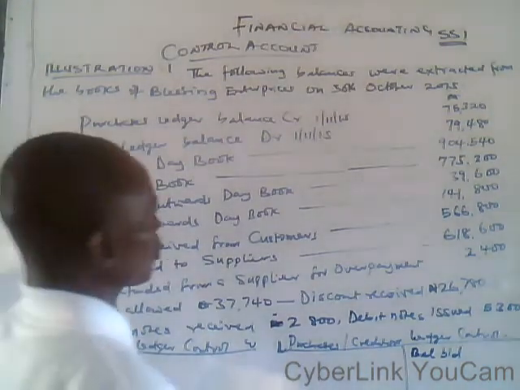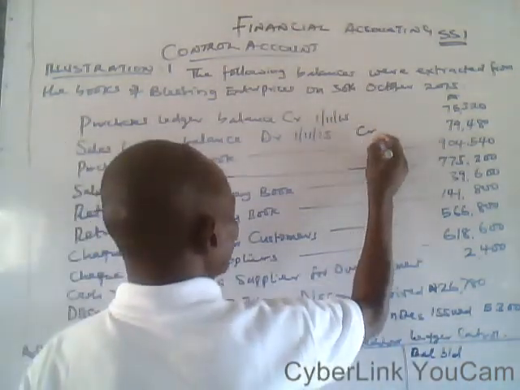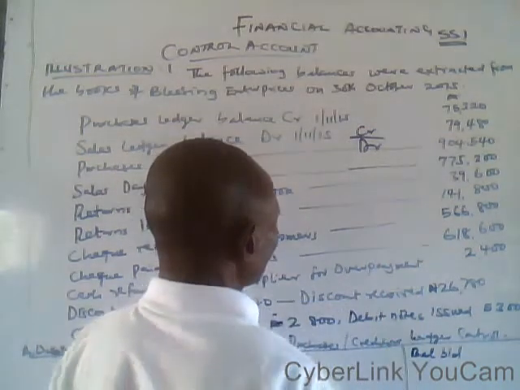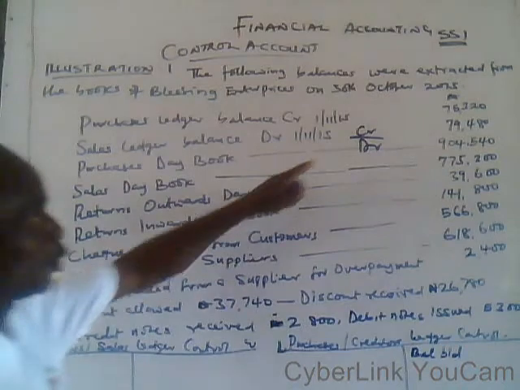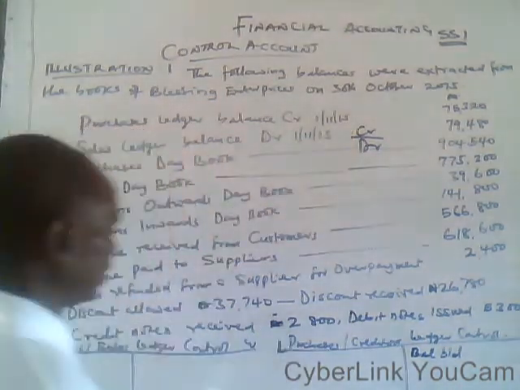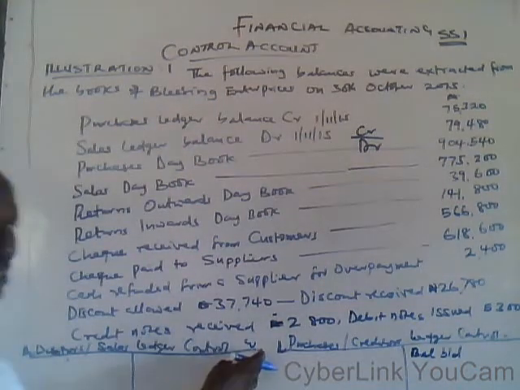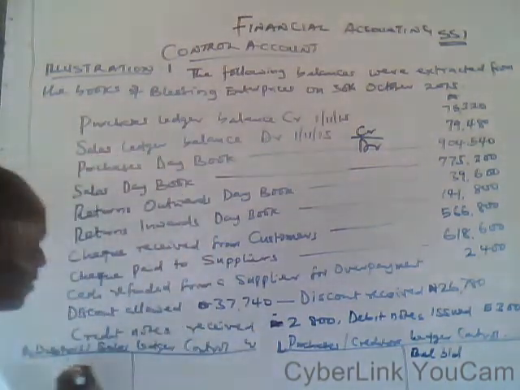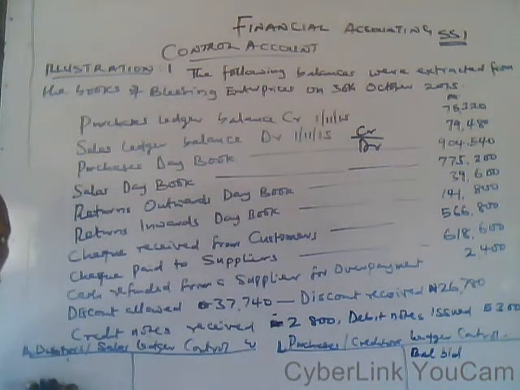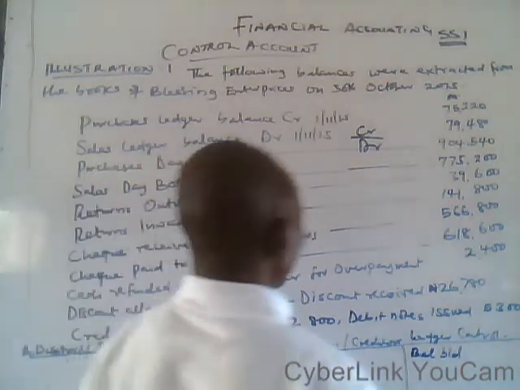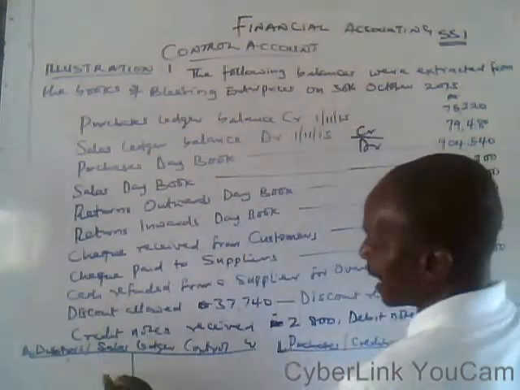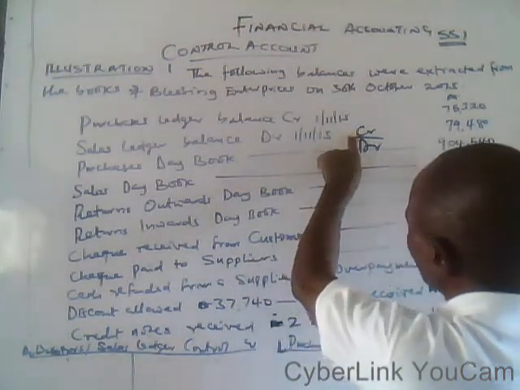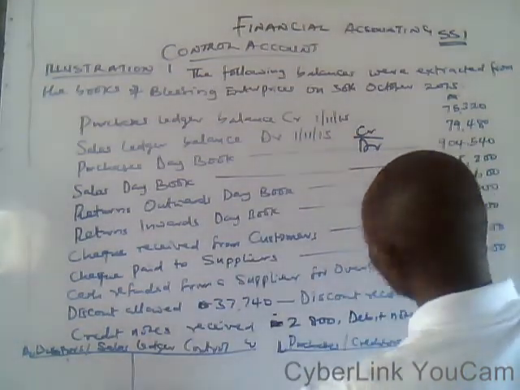If the question indicates you have a CR for this sales ledger control account, this is your credit side. Because it is the closing balance, you transfer it to the debit side, where it is supposed to act as a balance carried down, and you transfer the figure given to you that bears the end of the year date to this side.